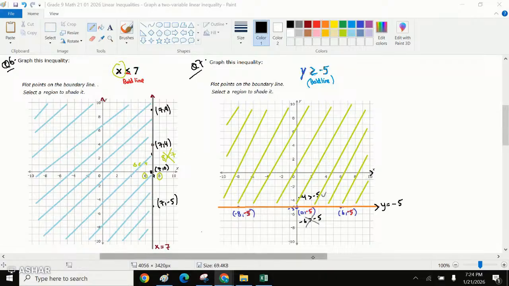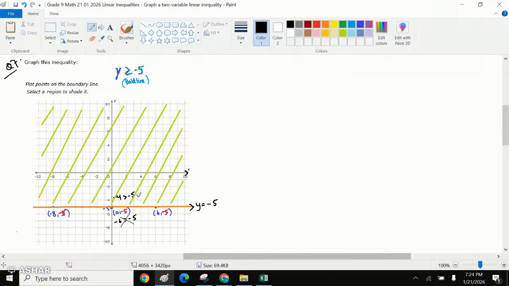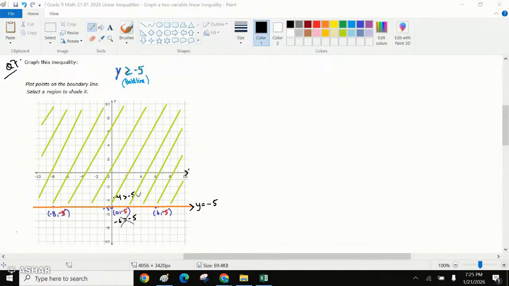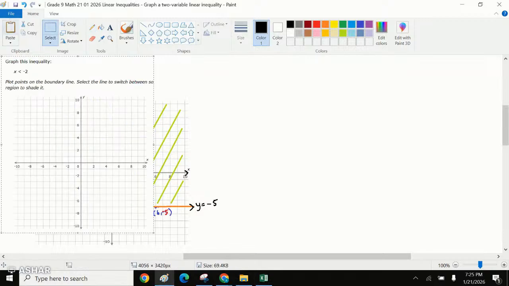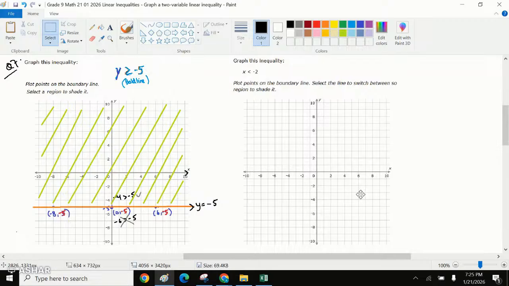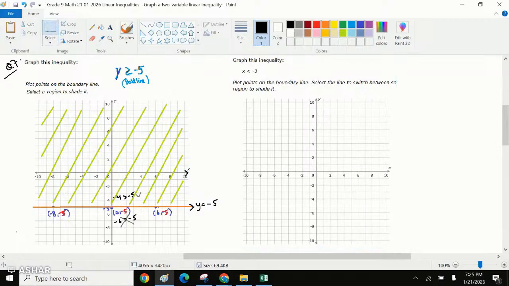So the next question we have is: graph the inequality x is less than minus 2. Let me just copy this. Okay, let's remove this part.